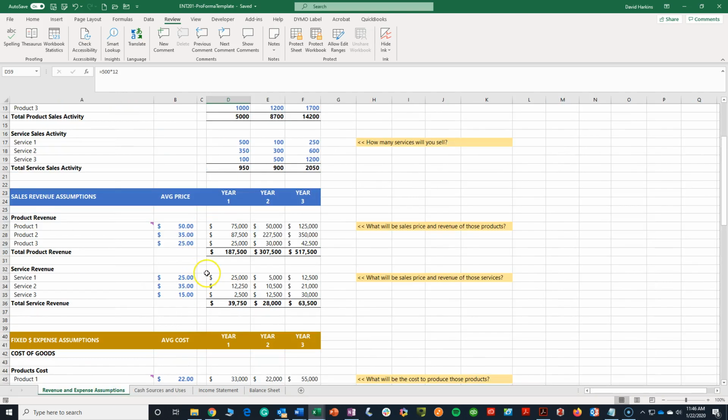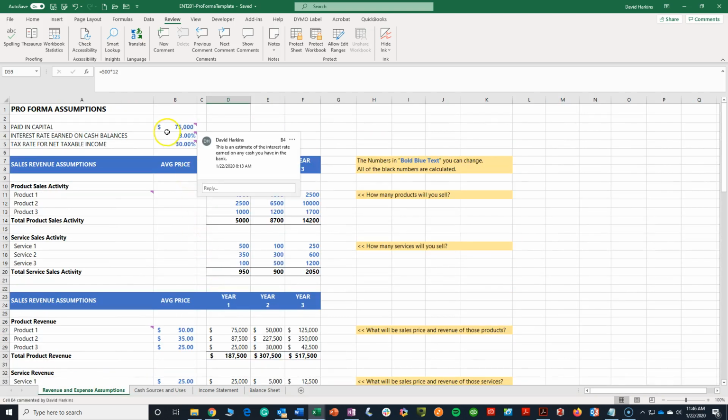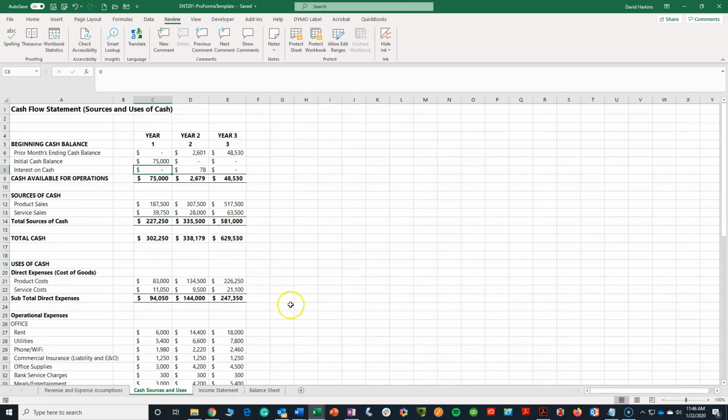So in this, with these sets of assumptions, with a $75,000 investment, I can go to cash uses and sources, and I can see my $75,000 investment.